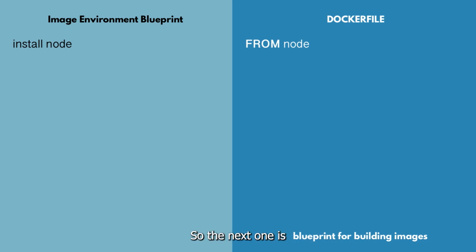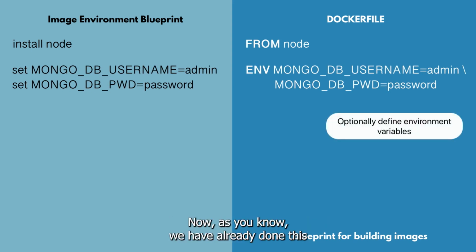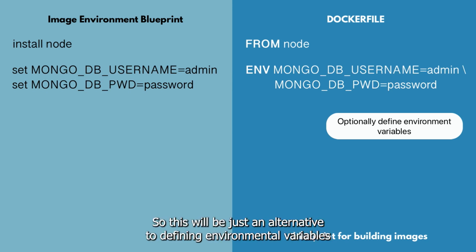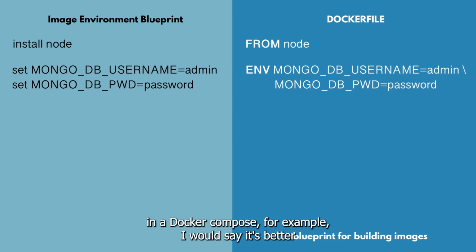So the next one is we can configure environmental variables inside our Dockerfile. Now, as you know, we have already done this using the Docker run commands or the Docker compose. So this will be just an alternative to defining environmental variables in a Docker compose, for example.